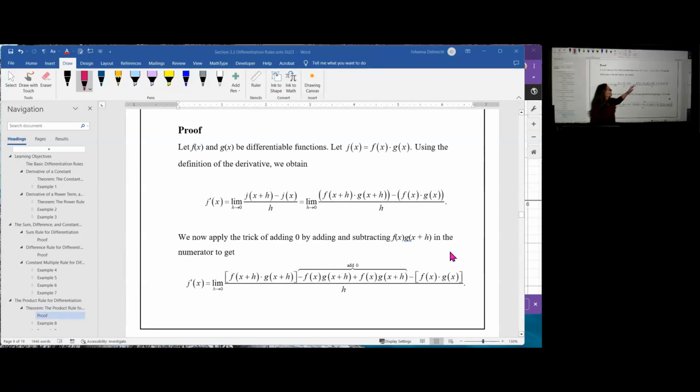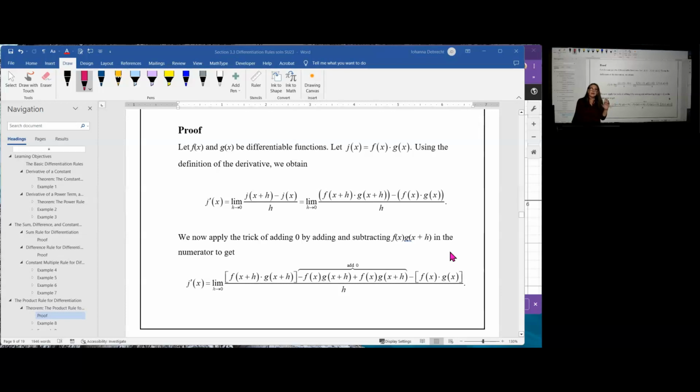Again, we're going to allow our function j of x to be the product of f and g, and we're going to write the definition of the derivative using the limit of the difference quotient. Then we substitute what j means by rewriting it as f of x plus h times g of x plus h minus f times g.